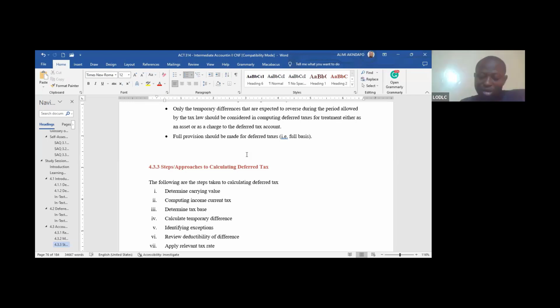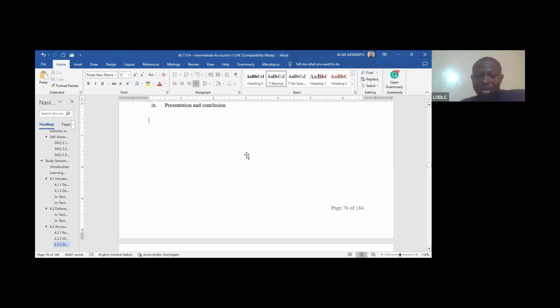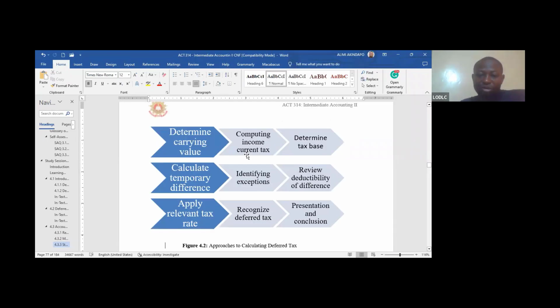Then we calculate our temporary difference, between the carrying amount and the tax base. Then we identify exceptions if there are any. We review the deductibility of the difference. Then we apply the relevant tax rate. Then we recognize the deferred tax. Then we present it in the company's financial statements. So: determine carrying value, compute current income tax, determine tax base, calculate temporary difference, identify exceptions.